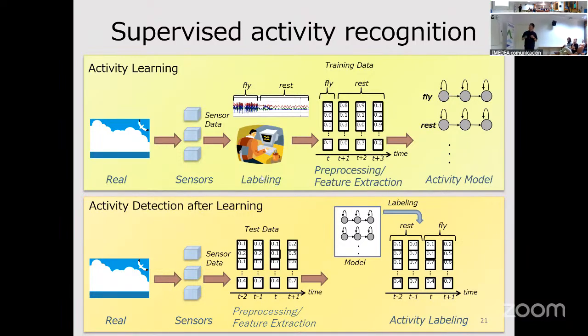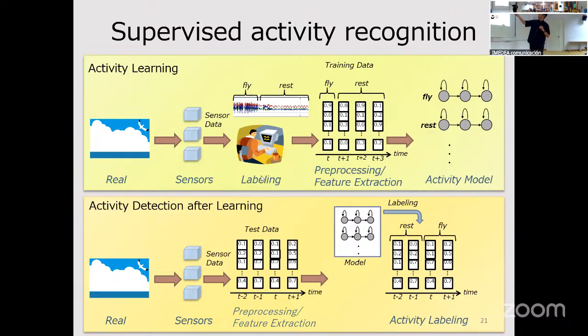We develop our method based on supervised machine learning. So in the beginning, we train the AI model, supervised by humans. This is the activity learning phase. First we collect sensor data from animals, and then a biologist labels the data.